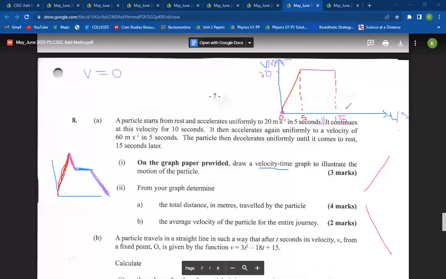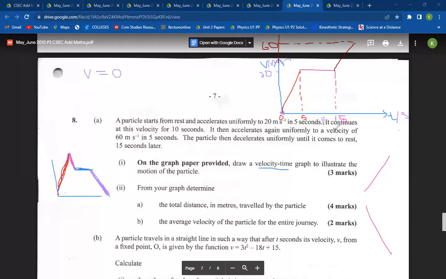What color is this? Is it pink? I'm not sure. So it goes like this. Let me just extend this. On this point here. That was my third phase. Oh, and they told me in 5 seconds.